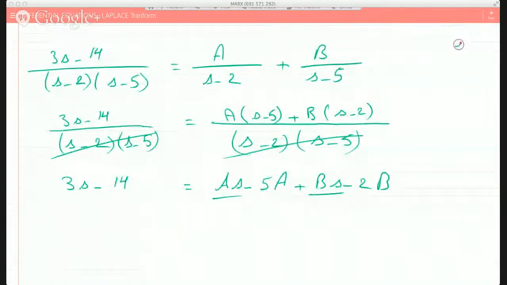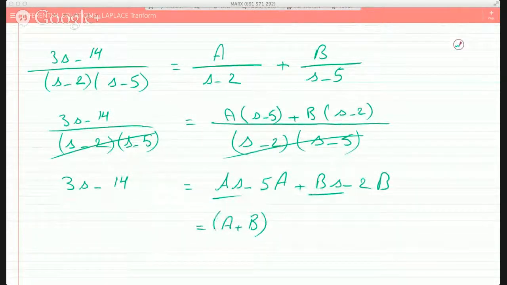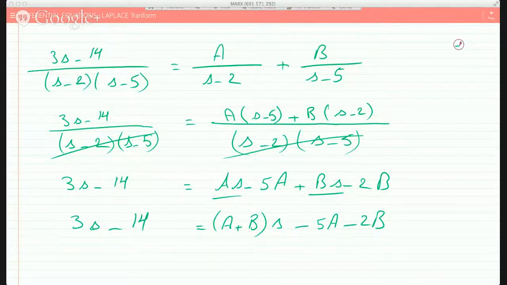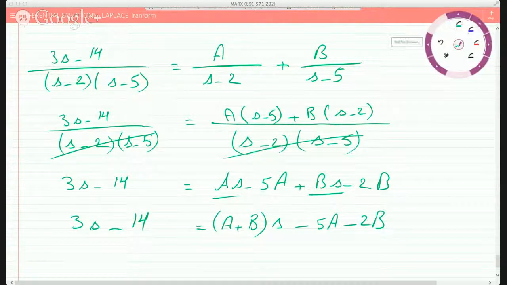So this is the same thing as (A + B)s - 5A - 2B, and this has to equal 3s - 14.